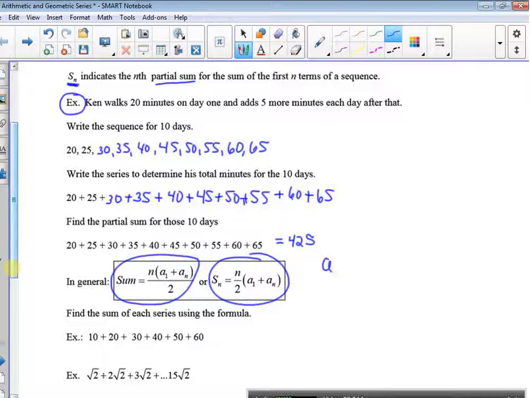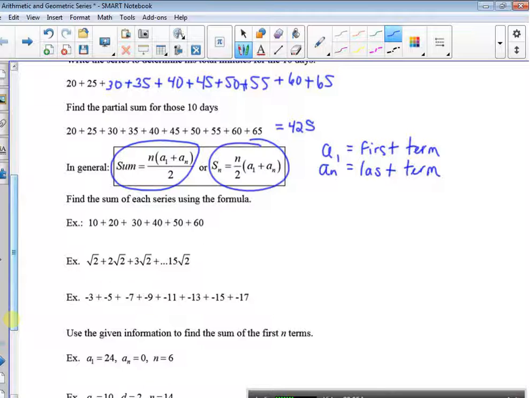Now remember, a sub 1 is the first term. And a sub n would be the last term in your sequence. Because if you're trying to sum 10 numbers, then S sub 10, a sub n would be the last term in your sequence. And that is divided by 2.